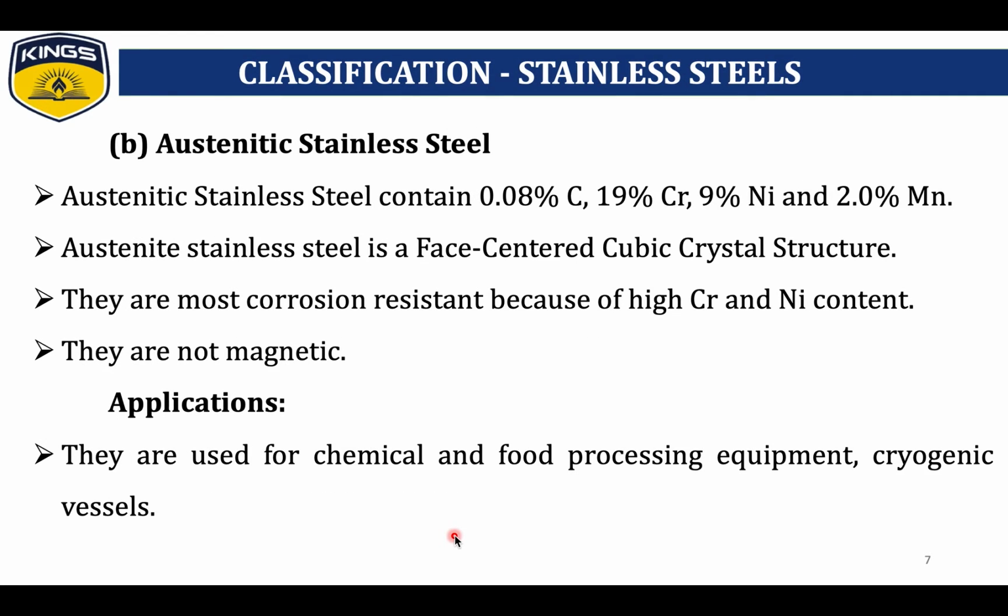Next, coming to the austenitic steel, they contain 0.08 percentage of carbon, 19 percentage of chromium, 9 percentage of nickel, and 2 percentage of manganese. So, these types of steel have a face-centered cubic crystal structure, that is FCC crystal structure, and are also corrosion resistant because of high chromium, as we have added chromium of 19 percentage and nickel of 9 percentage.